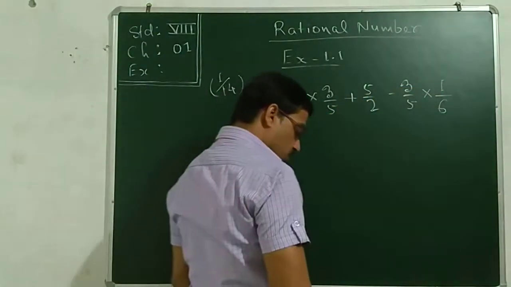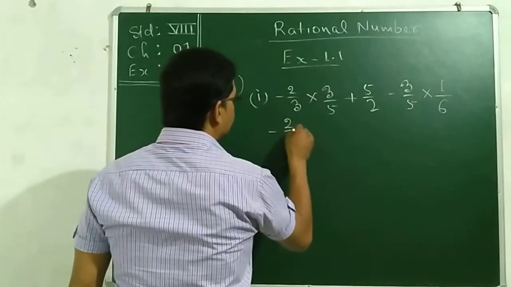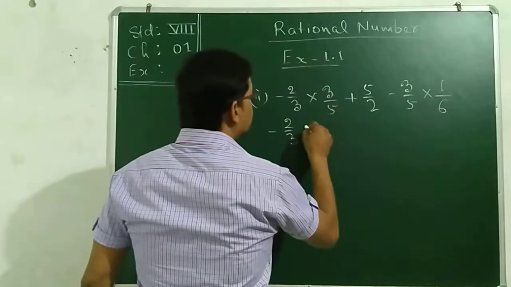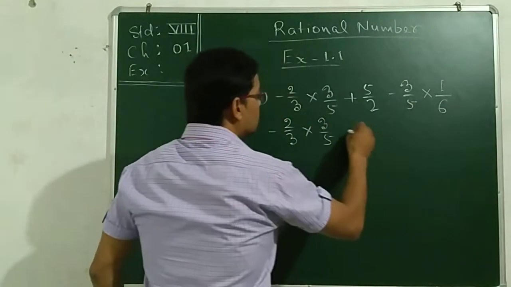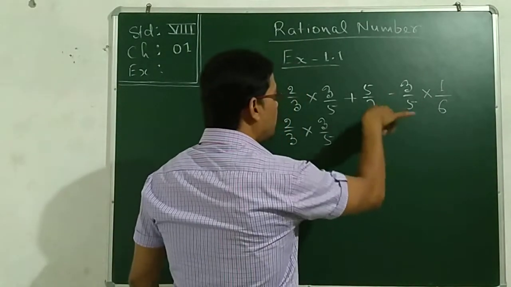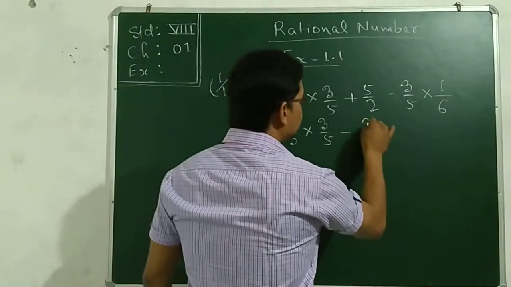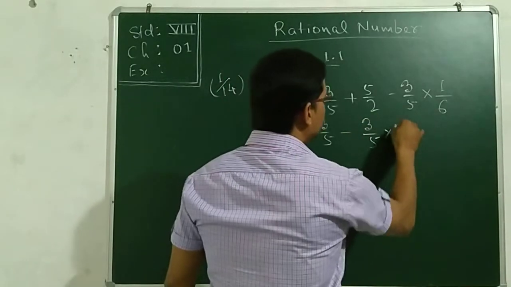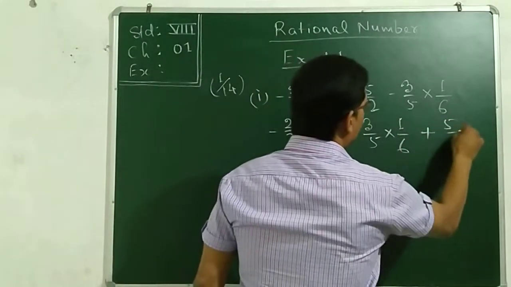See, how do we do that? Minus 2 by 3 into 3 by 5. Instead of writing plus 5 by 2 minus 3 by 5, we will write now minus 3 by 5 into 1 by 6. Now plus 5 by 2.